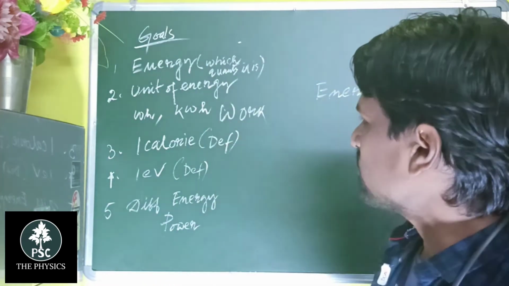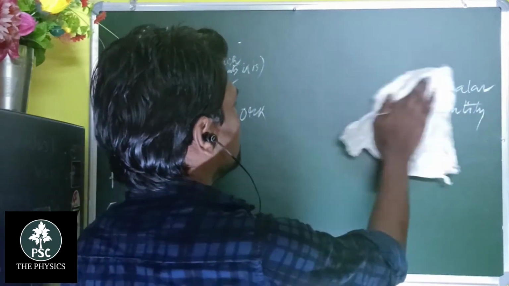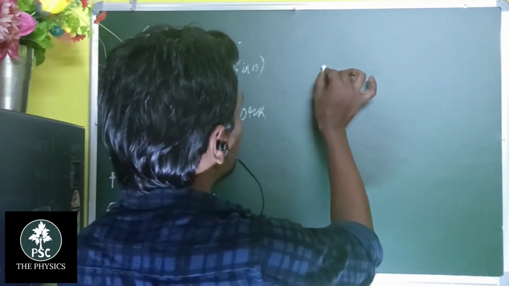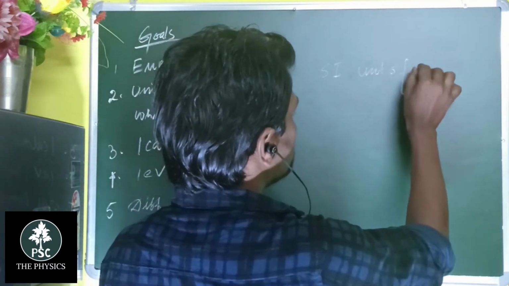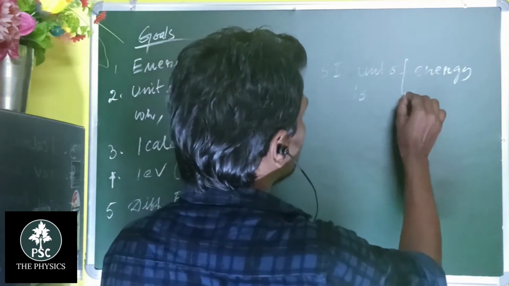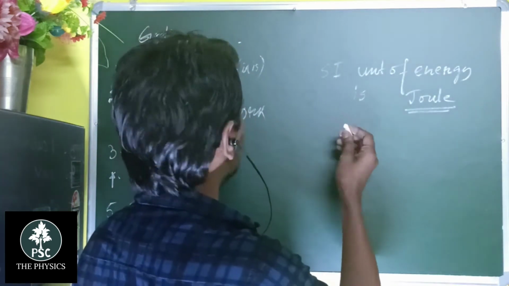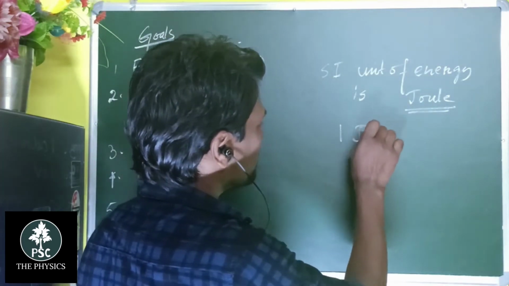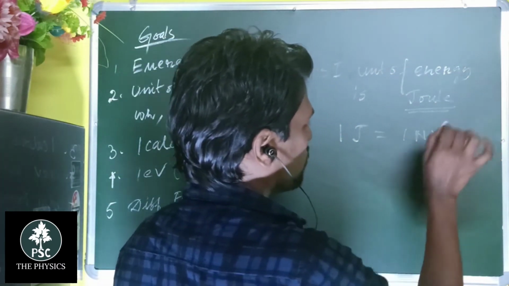And the next one is, what is the unit of energy? We can say that the unit of energy is the unit of work done. So first of all, the SI unit of energy is joule, and 1 joule equals 1 Newton meter, 1 Newton and 1 meter.